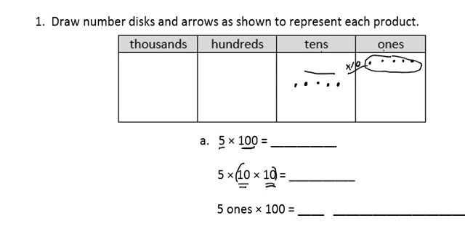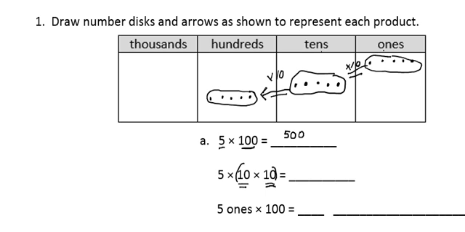So now I'll take these 5 discs, multiply them by 10, and I can see that I have 5 discs now in my hundreds place for my final answer of 500. So 5 times 100 gives me 500, and we've shown that 5 times 10 and then times 10 again gives me 500.